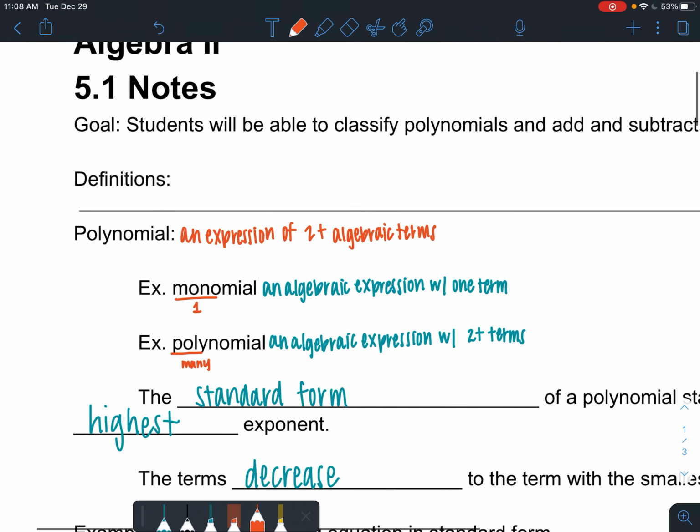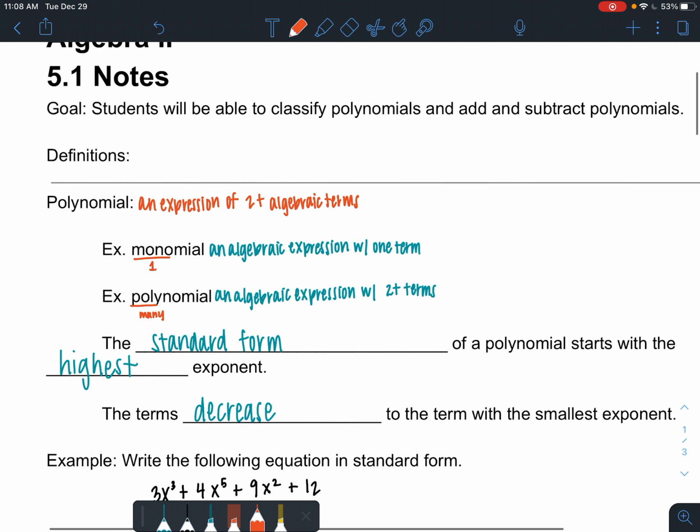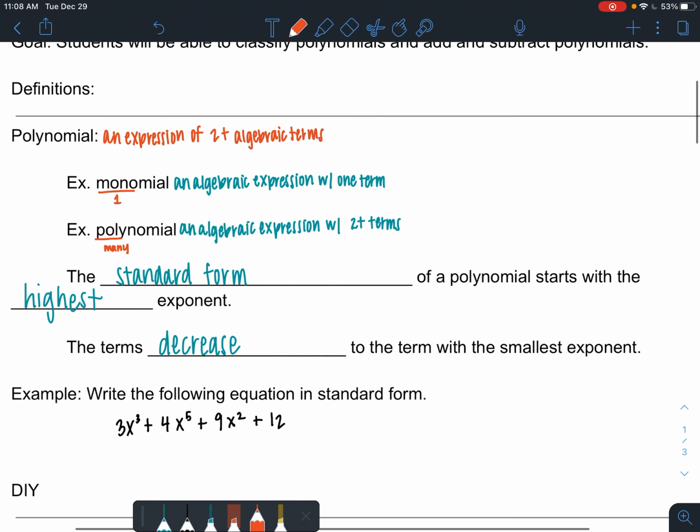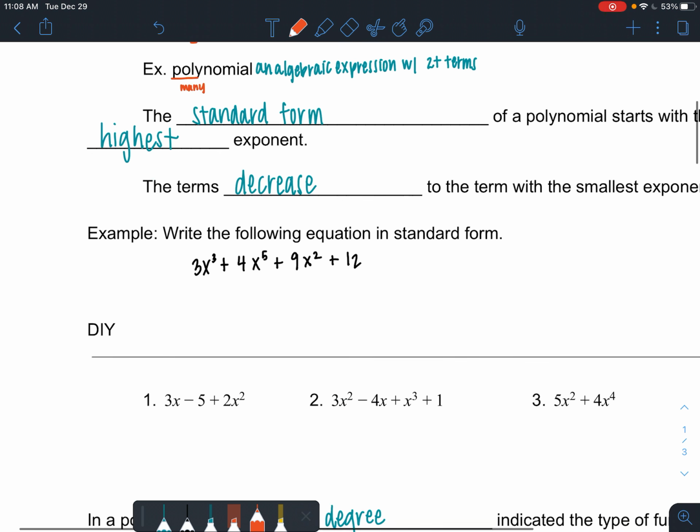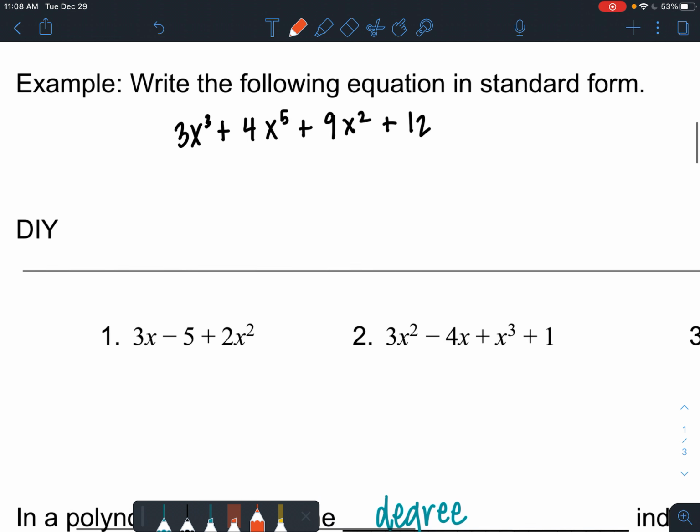Okay, the standard form of a polynomial starts with the highest exponent, and then the terms decrease to the term with the smallest exponent. So here I have just an expression, and I want to write it in standard form. I'm looking at the exponents, and this one doesn't have one, and putting them in order.